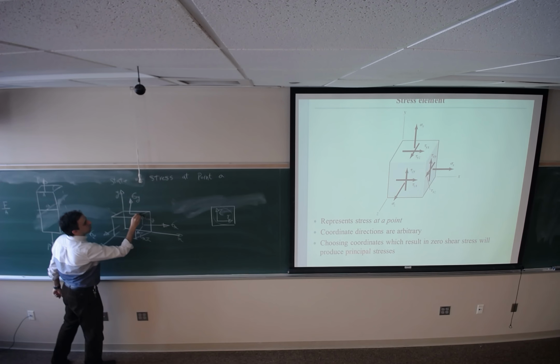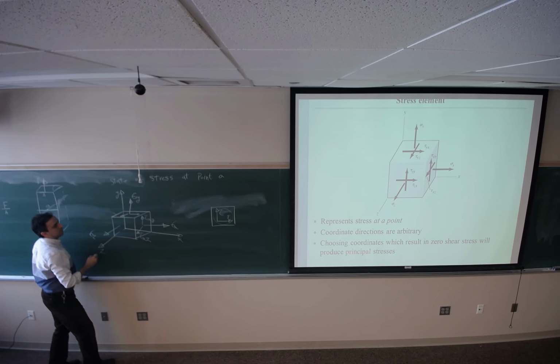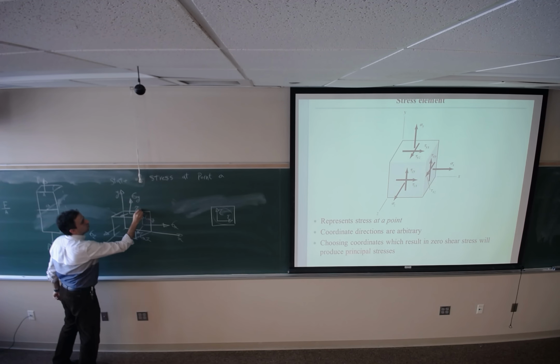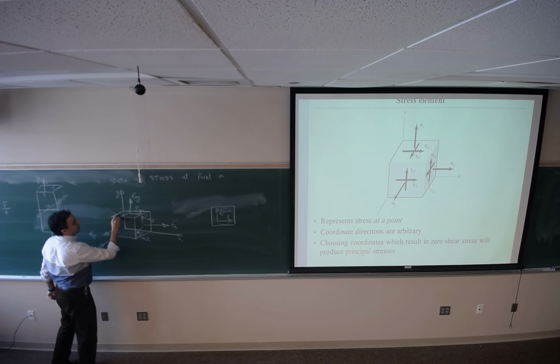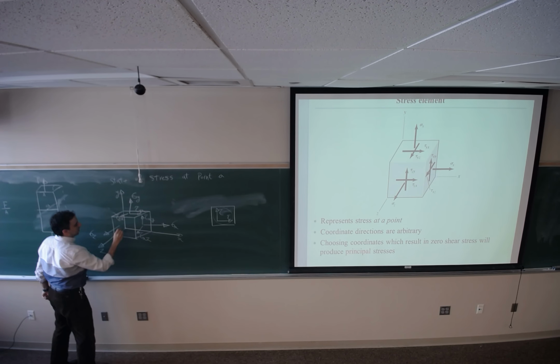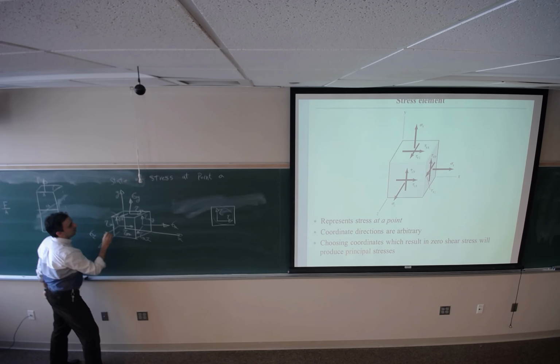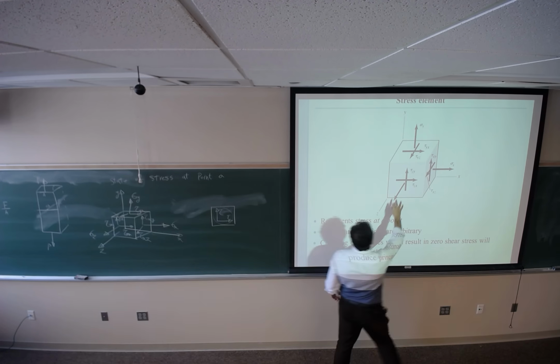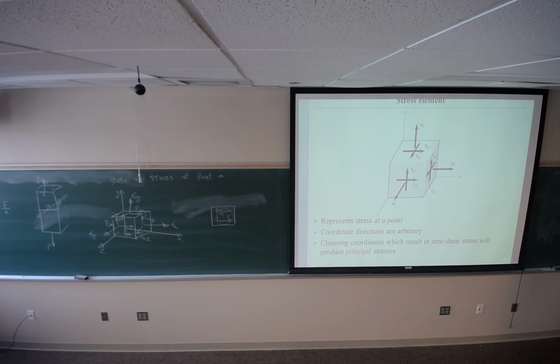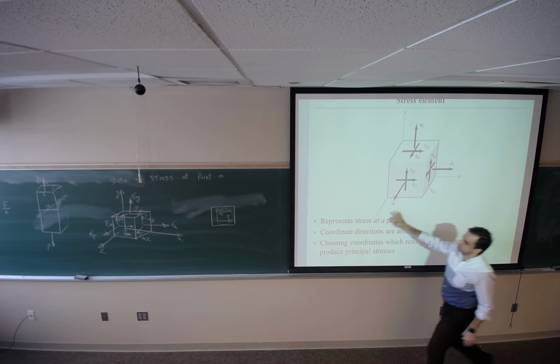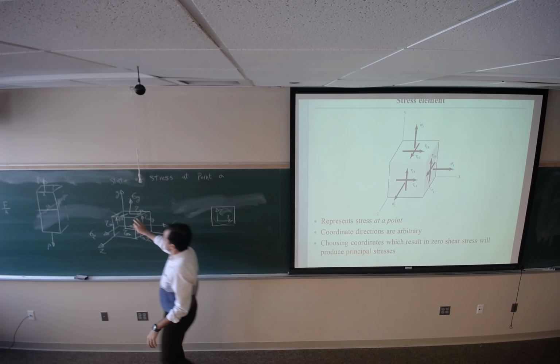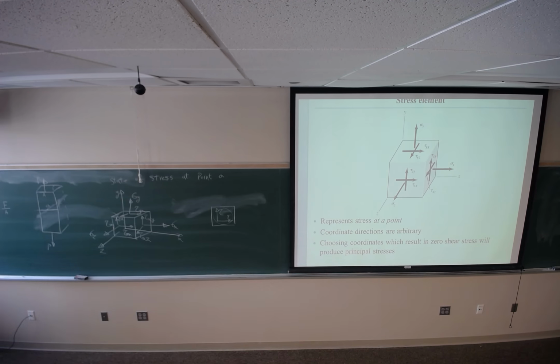Do the same things for the other two planes, tau yx, tau yz. Tau zx and tau zy. So totally 9 terms of the stress can be represented in general for a stress element at point A. So this cube is representing the stress element at that point.